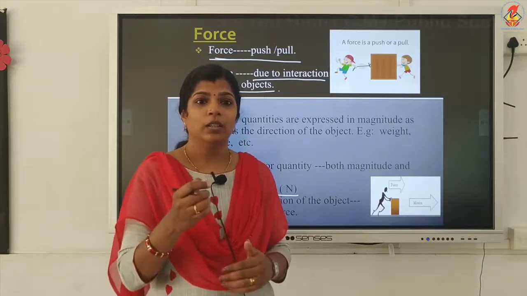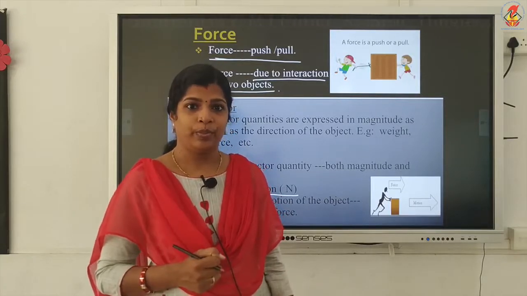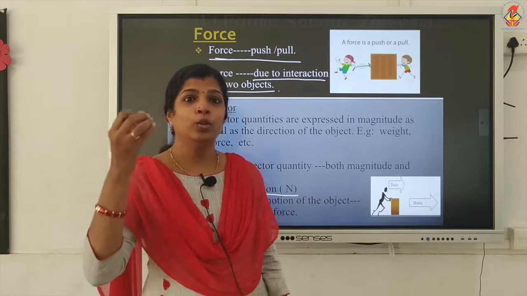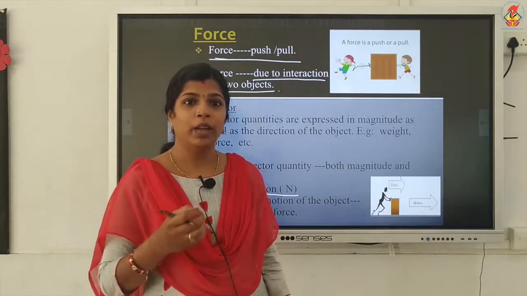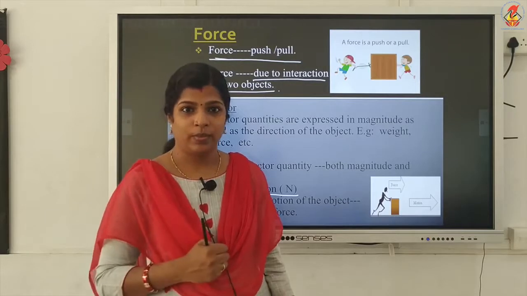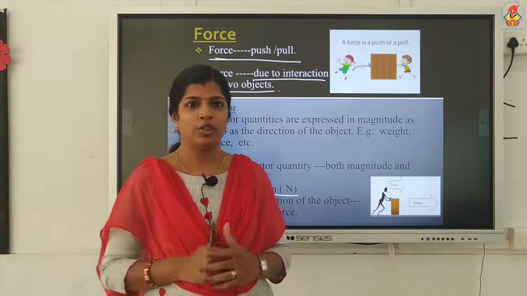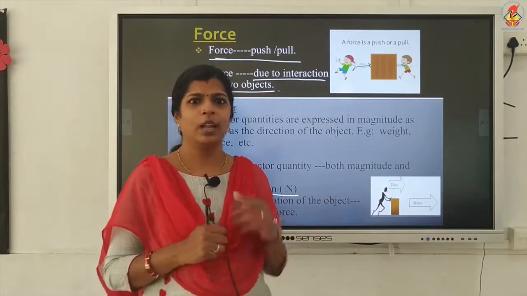Suppose your mother told you to buy 2 kg sugar. You will go to the shop and ask for 2 kg sugar, isn't it? Would you say 2 kg sugar in the east direction, west direction?